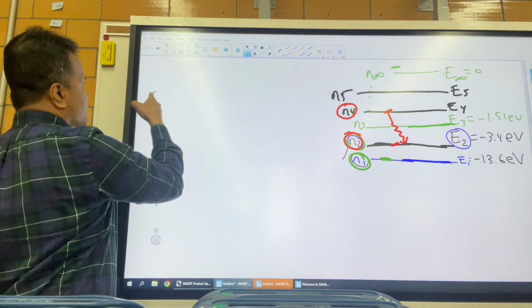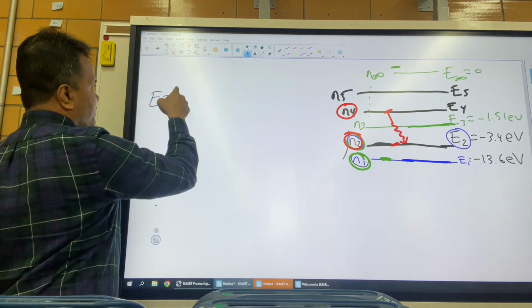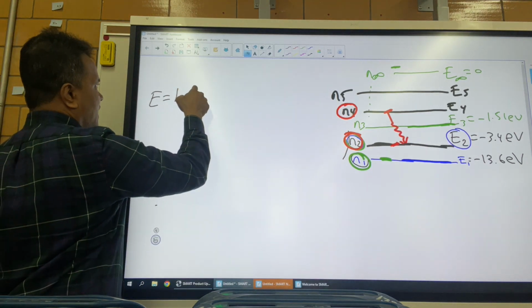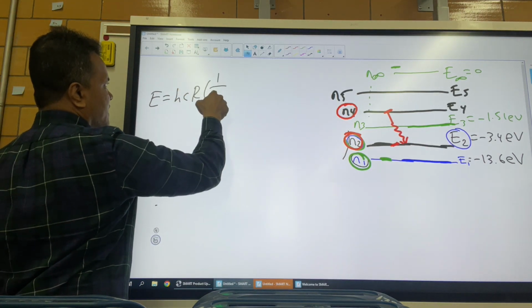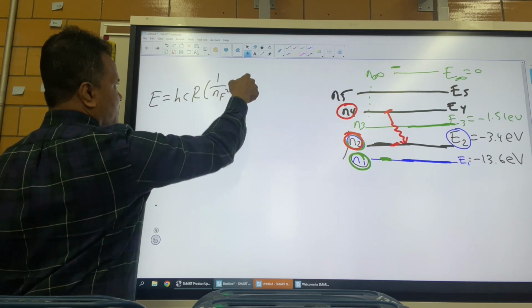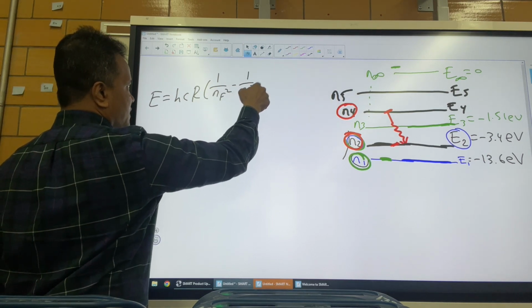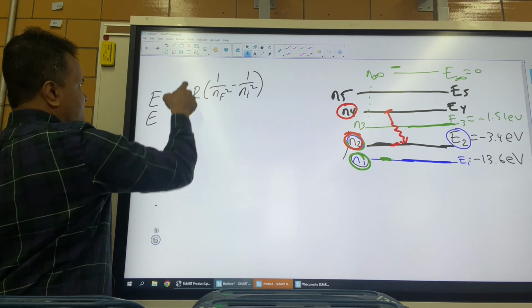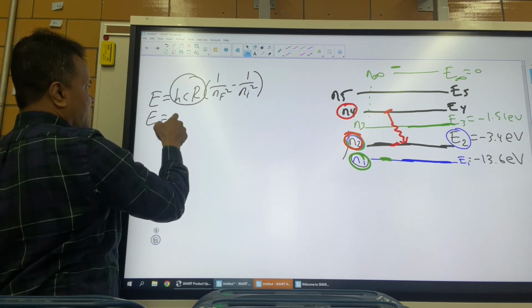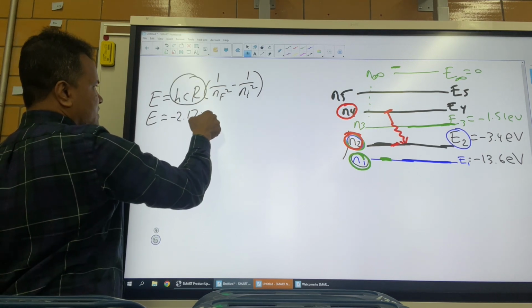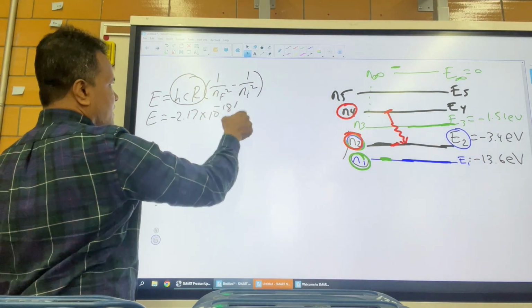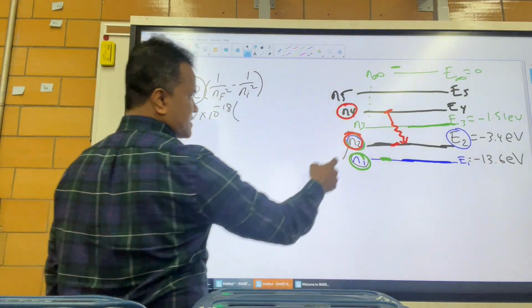So E is equal to h c R times 1 over n final squared minus 1 over n initial squared. This is a constant, and that is negative 2.17 times 10 raised to negative 18. Nf, this is Nf.